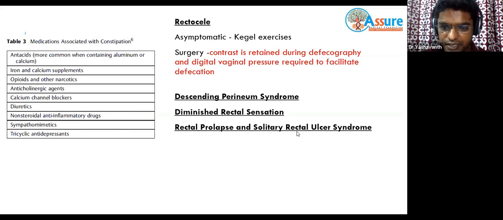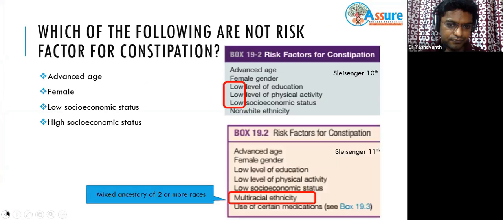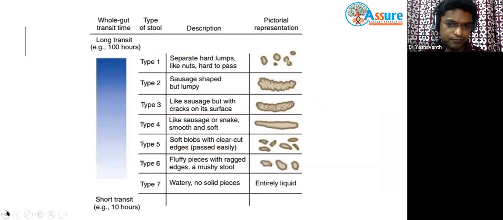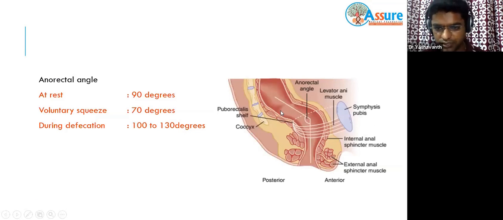Rectal prolapse and SRUS: what exactly happens is when the stool is hard, I'll show in the picture. See, stool is hard.